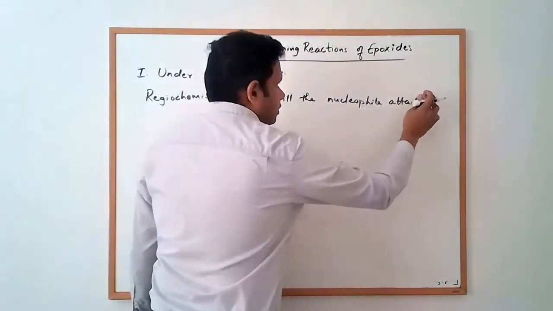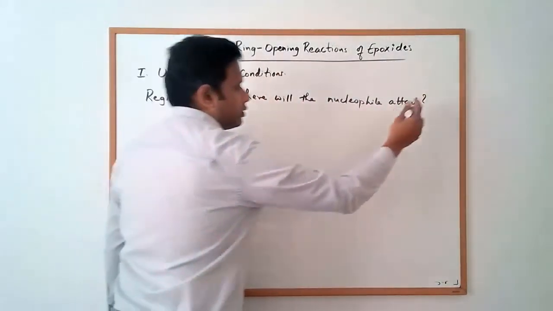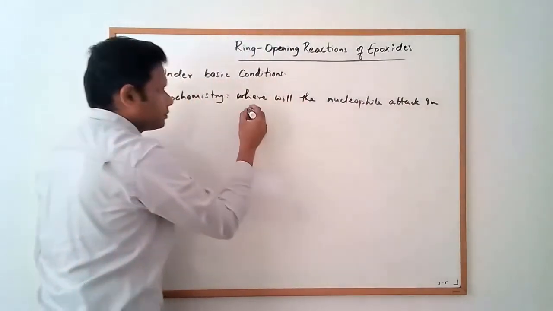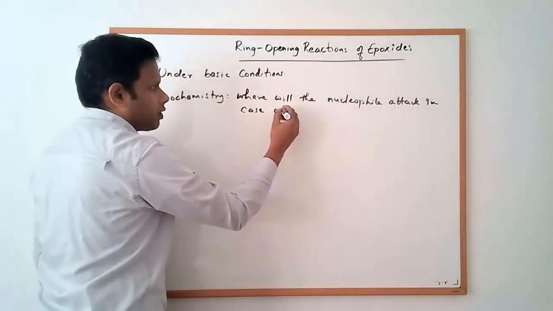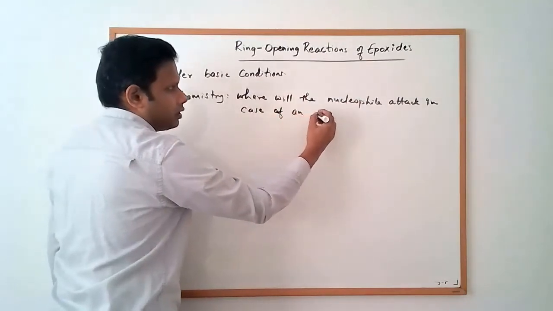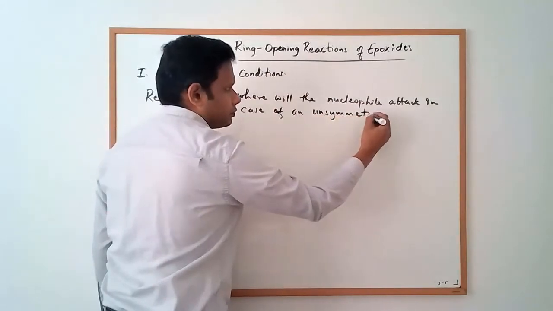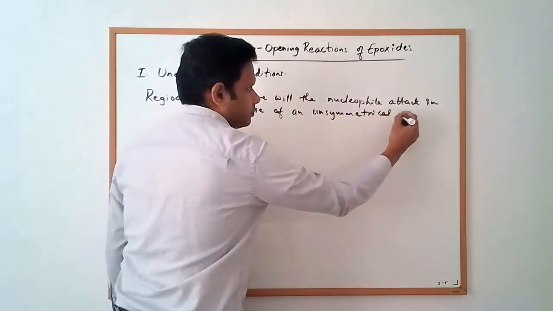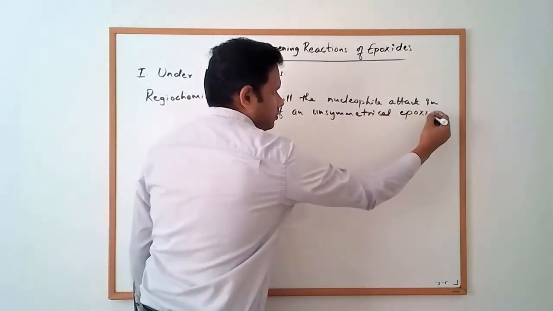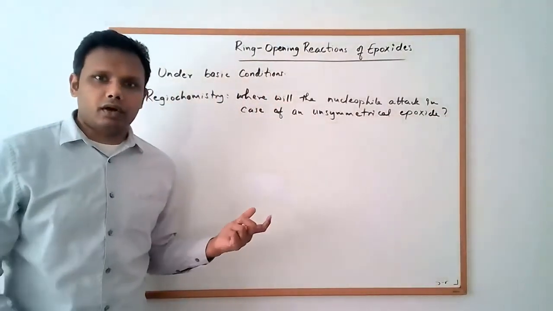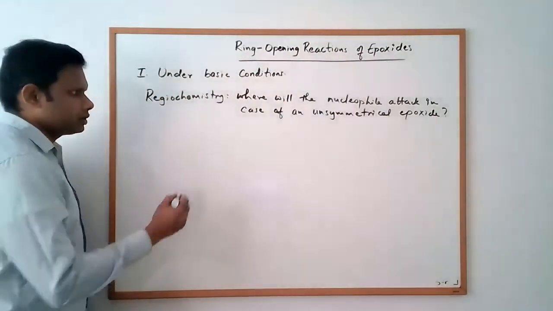Where will the nucleophile attack in case of an unsymmetrical epoxide?